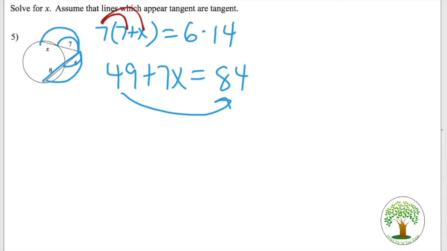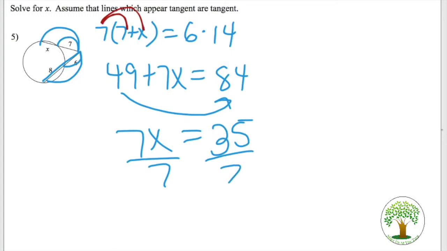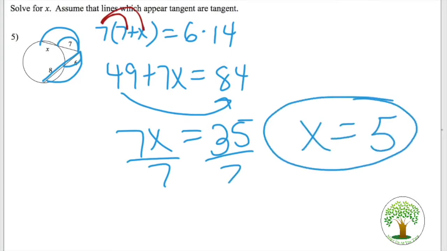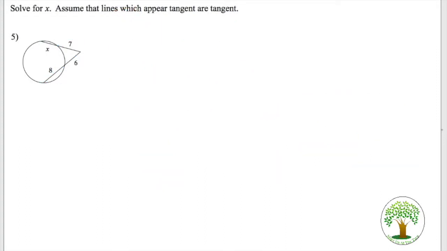And I get 35 and 7x, divide by 7, and x equals 5. And 5 is the answer. Let's do number 7.